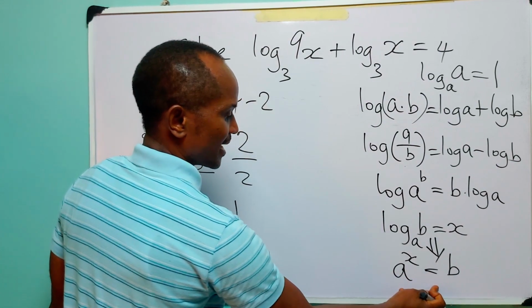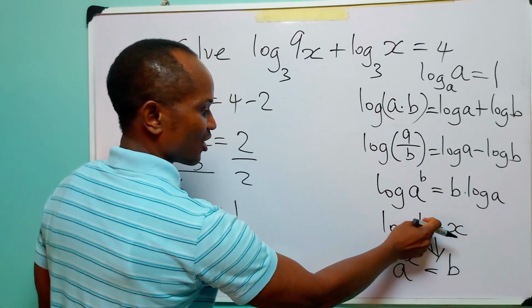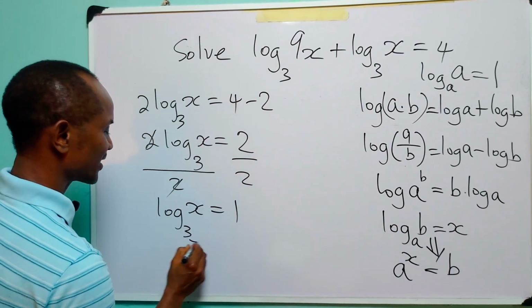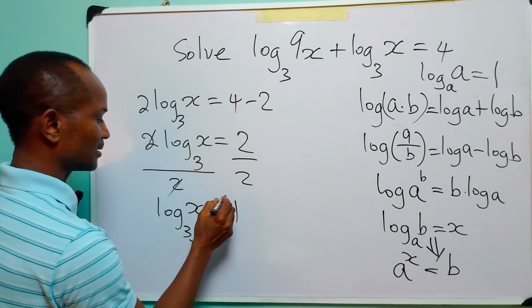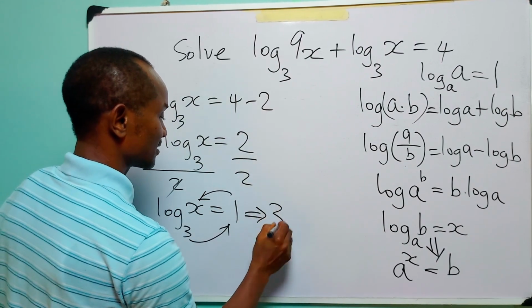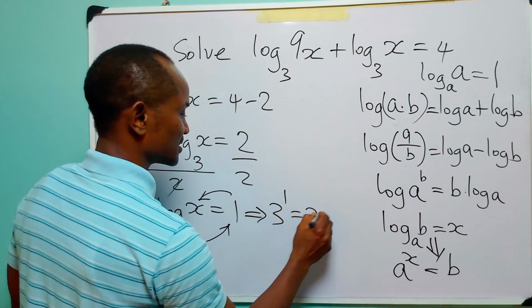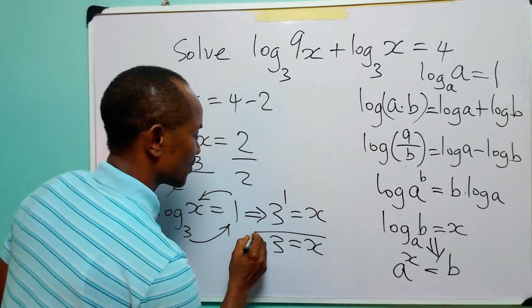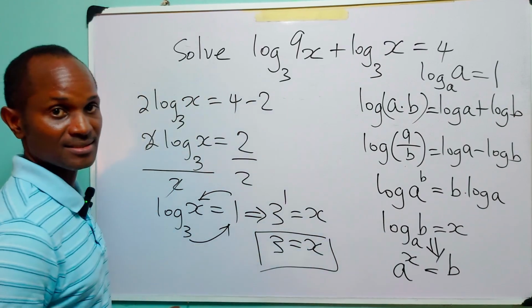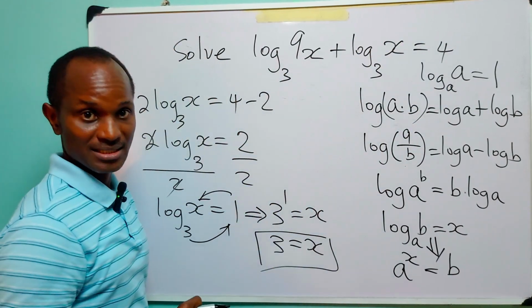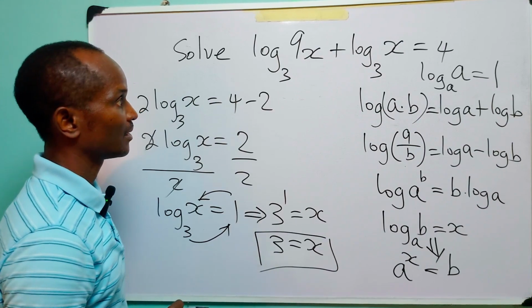Now look at the last line. We have log to base A of B is equal to x. So this simply means that 3 raised to power 1 is equal to x, or 3 is equal to x. So the solution to this equation is x is equal to 3.